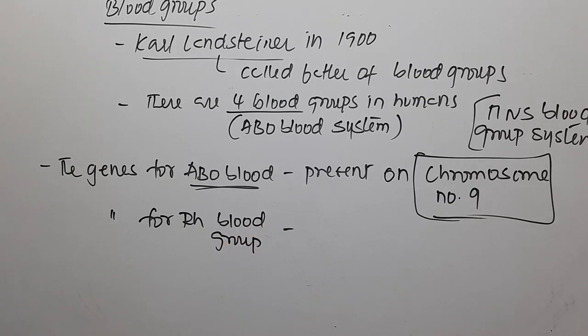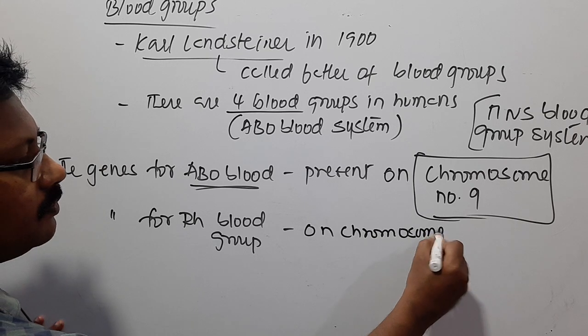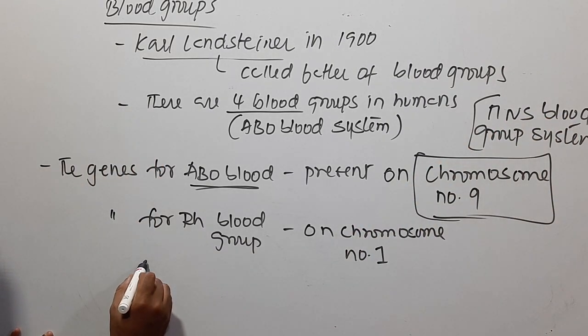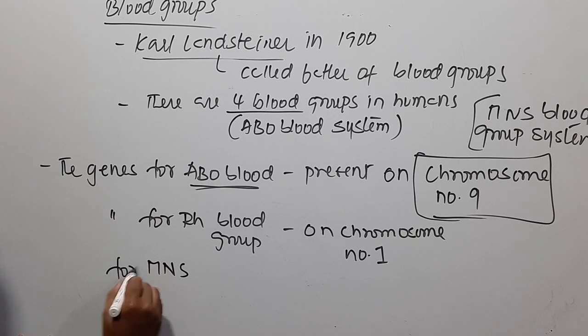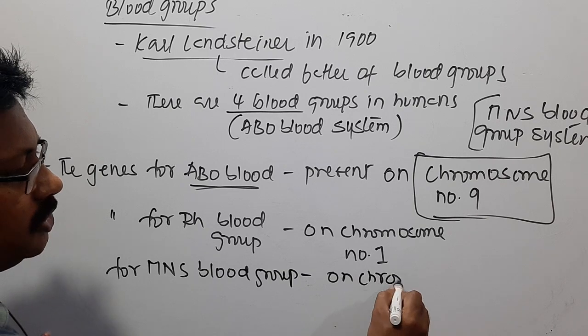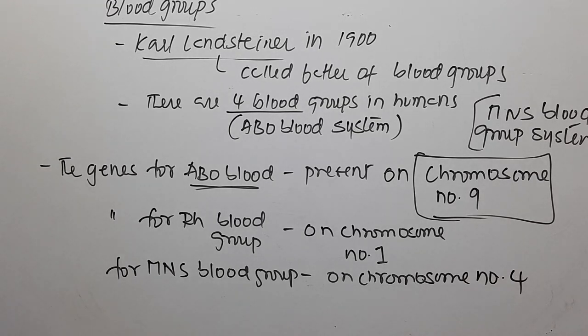For ABO blood group it is on chromosome number 9, and for RH it is on chromosome number 1. Then I'll also give this information for MNS blood group: those genes are present on chromosome number 4.